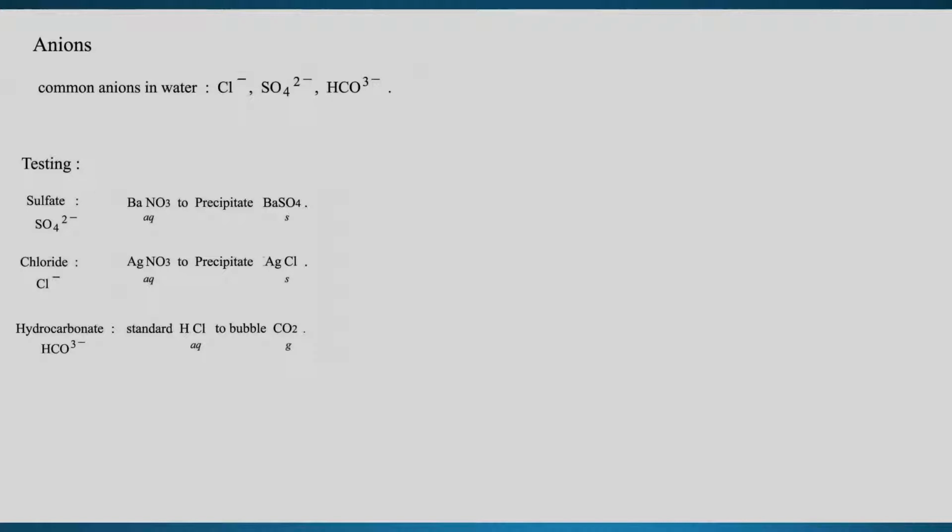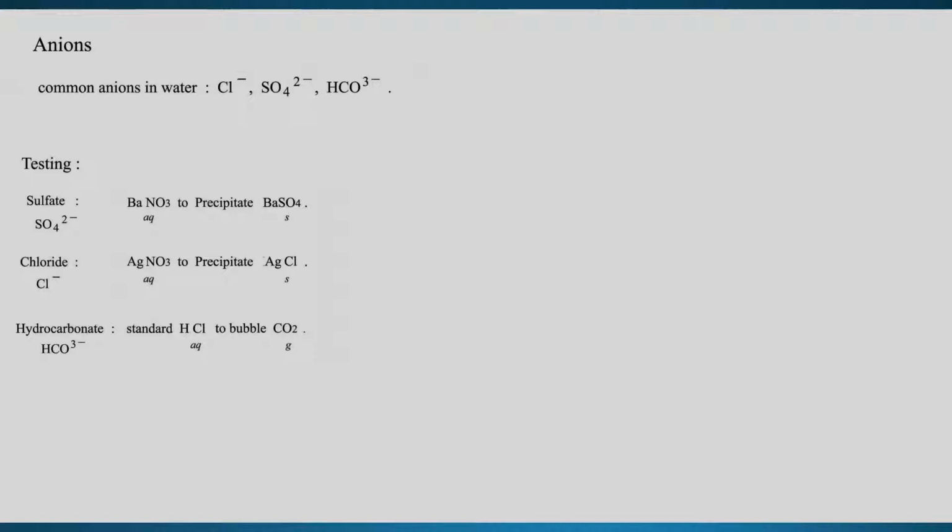Negative ions: chloride, sulfate, carbonate are very common that we test for in water. As we learned, for sulfate, we can use a soluble barium to precipitate. For chloride, a soluble Ag to precipitate.